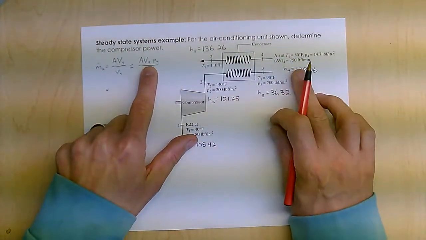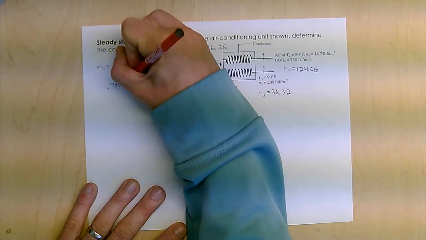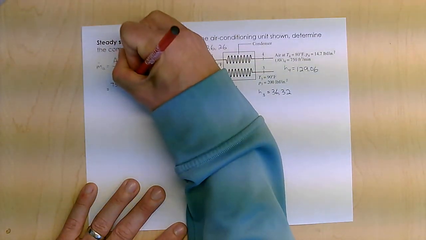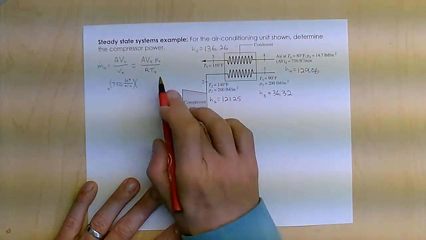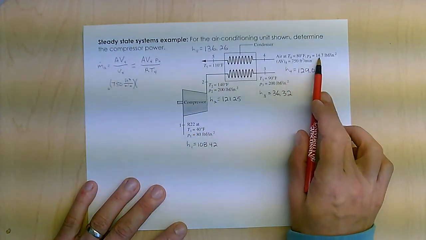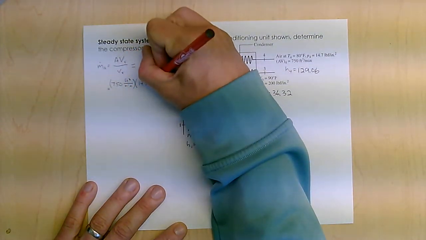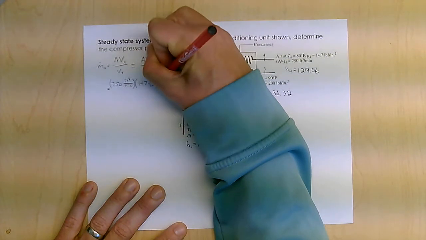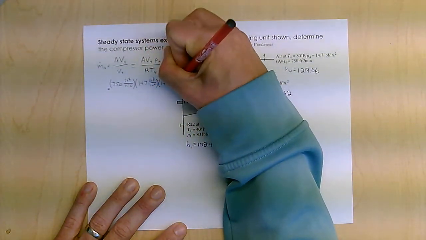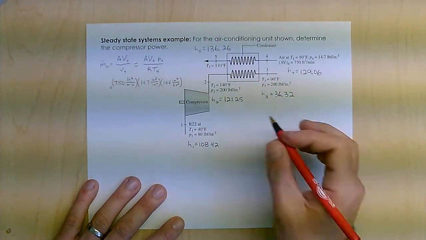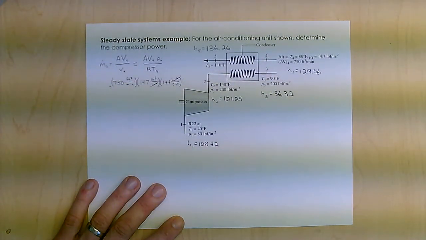Okay, so I plug in 750, and again, cubic feet per minute. I'm going to multiply that times the pressure, which is 14.7 pound force per inch squared. I need to take that times 144 inches squared per square foot so that I get pounds per square foot on that.